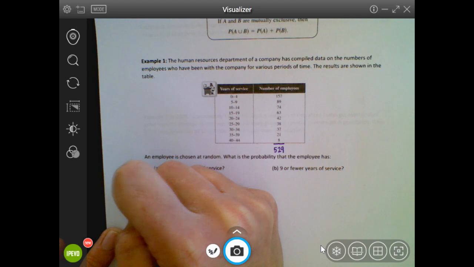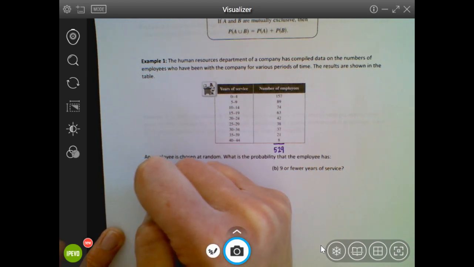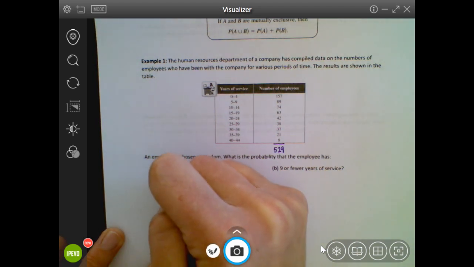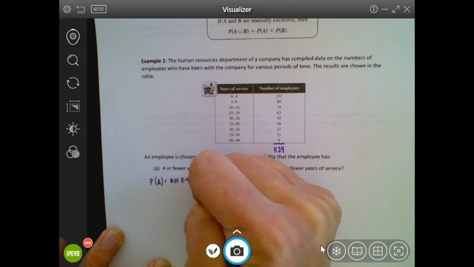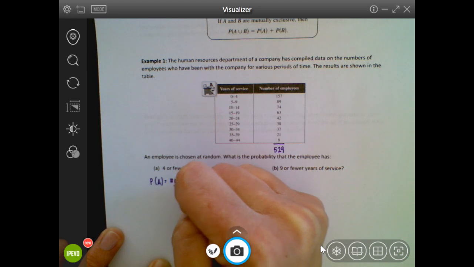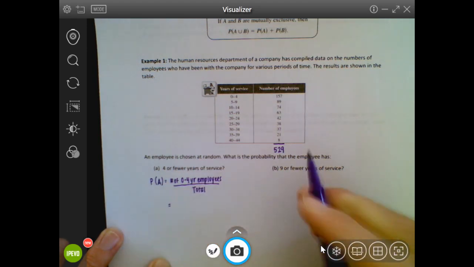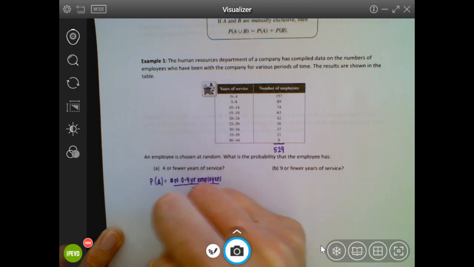I'm going to say the probability of, we'll say that this is event A, is going to be equal to the number of 0 to 4 year employees over our total. And the number of 0 to 4 year employees is 157 over our total sample space of 529.